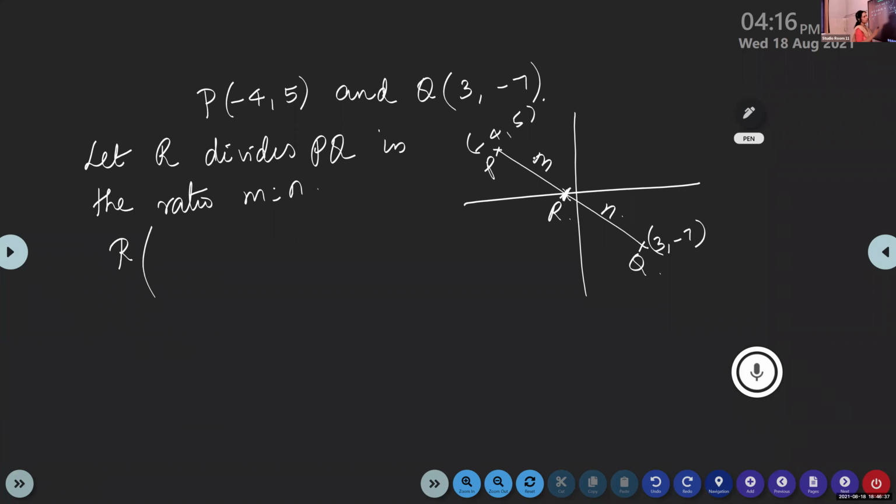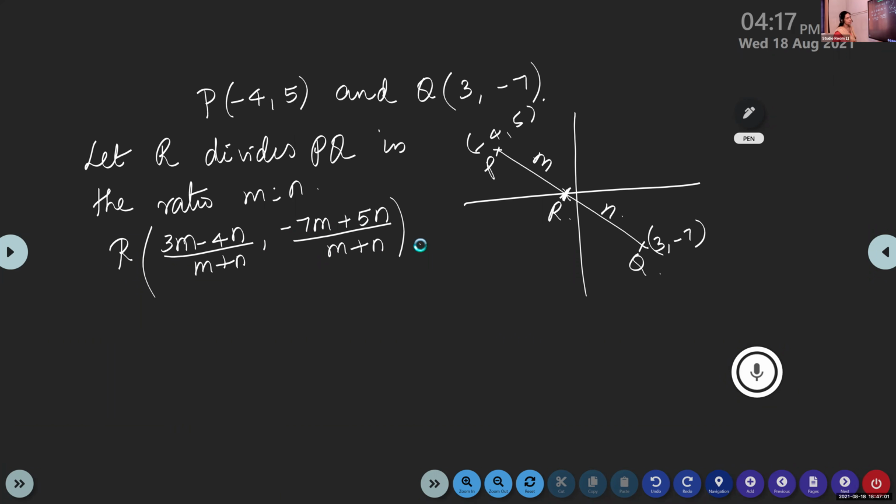We get (3m minus 4n) by (m plus n). Similarly, for the y coordinate, we get (minus 7m plus 5n) by (m plus n).